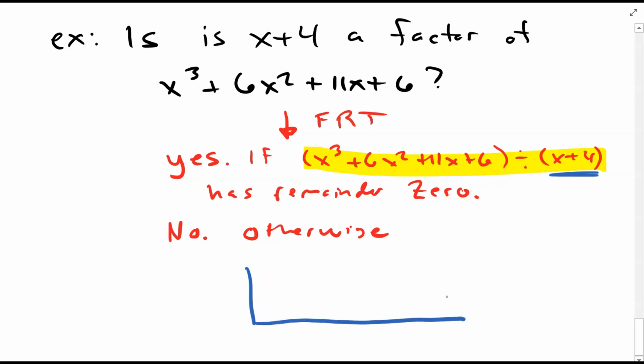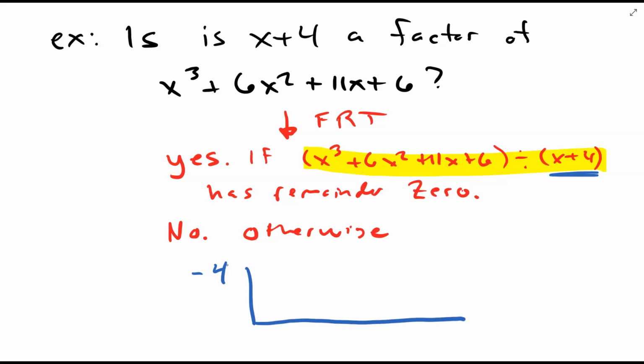So I'll start by drawing my synthetic division bar. What number is going to go on the outside of the synthetic division bar? -4. How did you get that, Zach? Because x plus 4. Excellent. So we just set the divisor, in this case x plus 4 equal to 0, and solve.